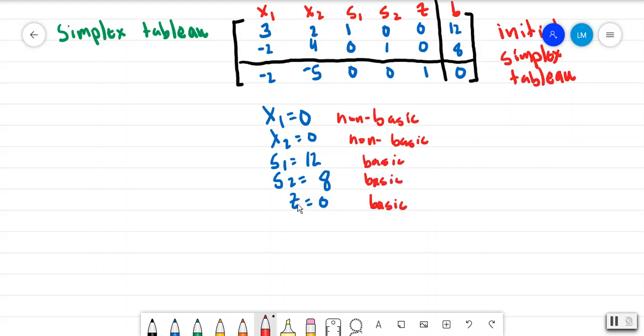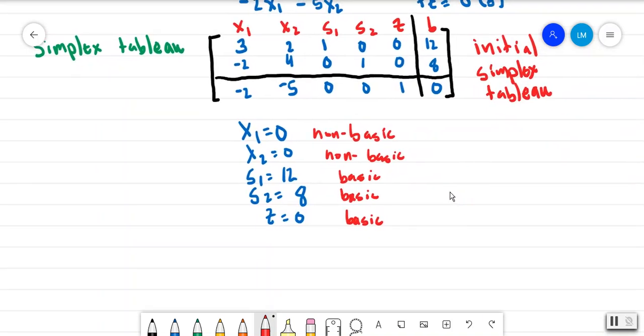But note that this is not optimal. Your goal is to maximize, so why would you take 0? Especially if you're trying to maximize profit, well, there's no profit, so how can there be a profit?